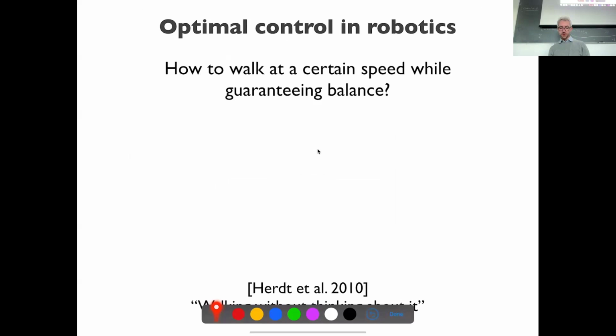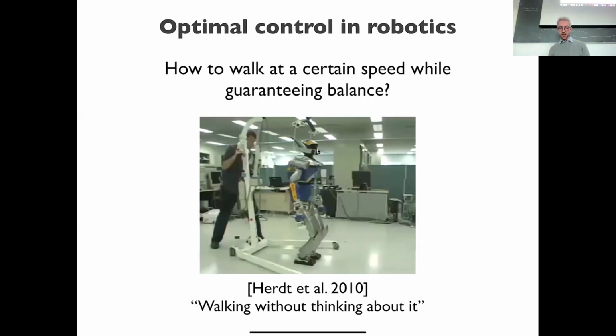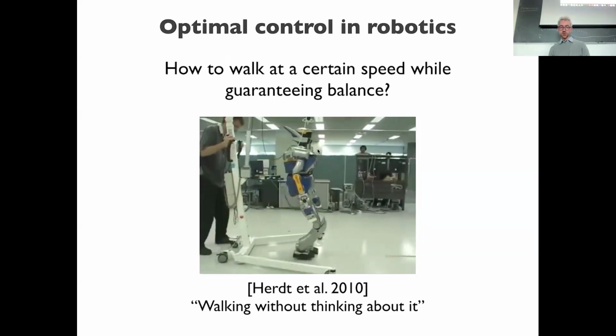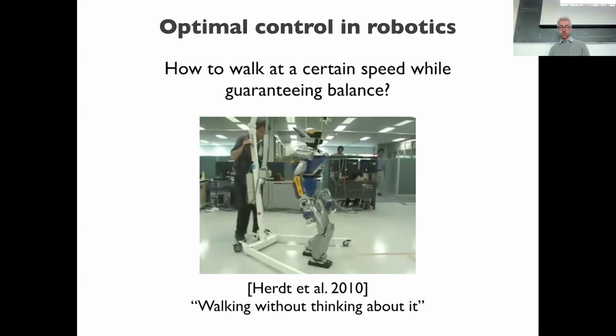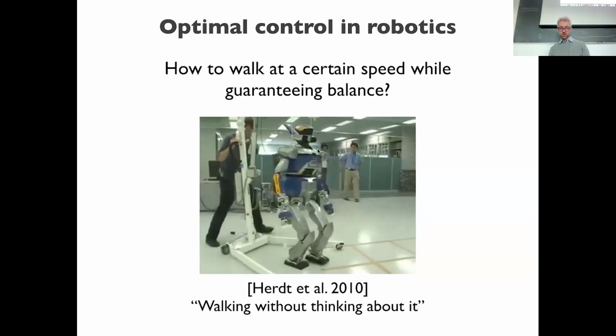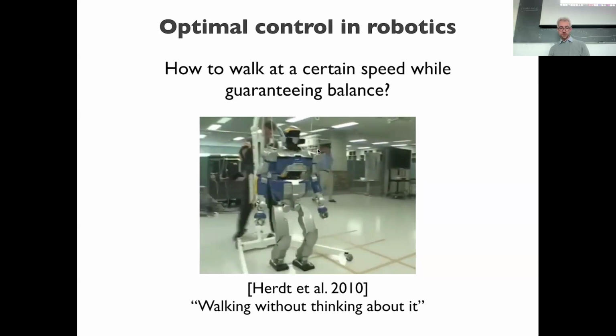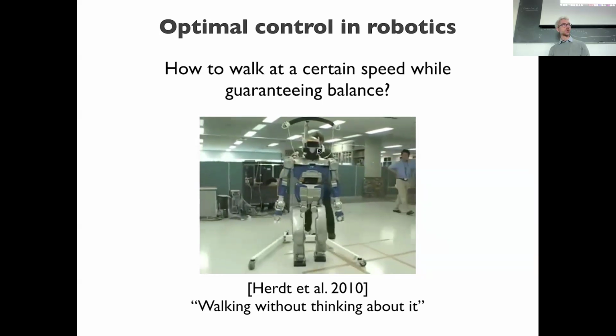So let's see some examples of motions that have been generated using optimal control. These are actually now quite old results, but I think they still prove the point. So how to walk at a certain speed while ensuring balance. This was a 2010 result with a humanoid robot called HRP2. It's a Japanese robot. And these people were able to achieve a walking behavior using optimal control.